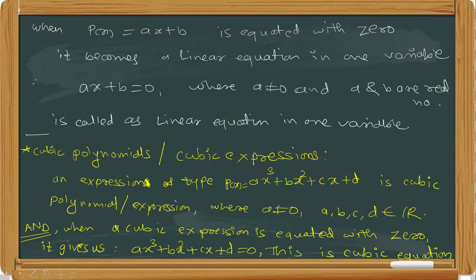Then we'll see how to solve the cubic. First linear polynomials, then linear equations, then quadratic equations, and then cubic. Write it down, and once you are done writing, write down one or two examples of linear equations, quadratic equations, and cubic equations.